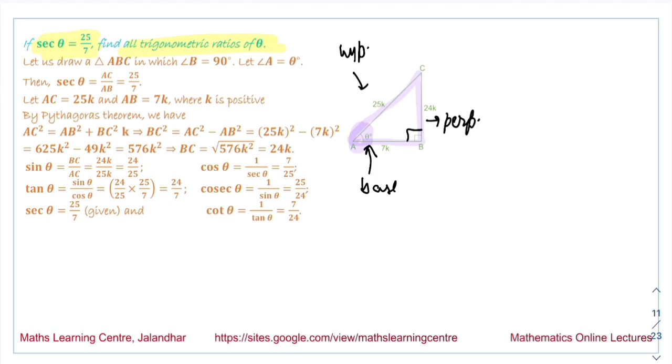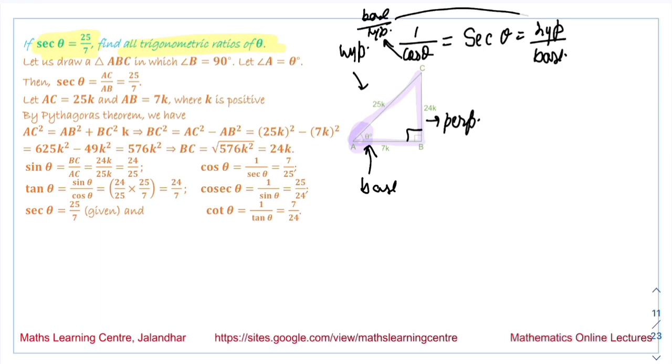Now the formula for secant theta we know is hypotenuse over base. Why? Because it is the inverse of 1 over cos theta, and cos theta we know is base over hypotenuse. So the opposite of this becomes hypotenuse over base.